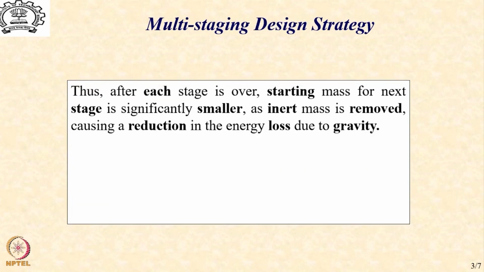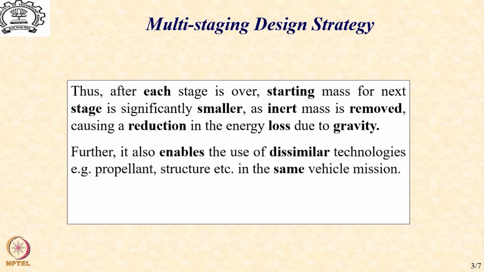We see that the starting mass now for the next stage is significantly smaller, as the inert mass which we were carrying earlier, we are no longer carrying and we are throwing it away. And this obviously means that the remaining propellant which is in the other stages which have not yet operated will need to accelerate a smaller mass, and hence they will become more efficient from the overall loss point of view.